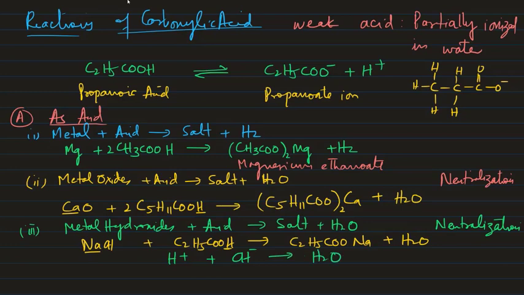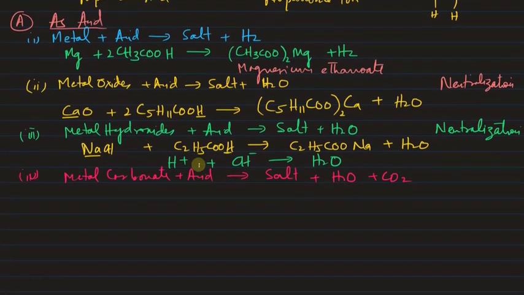And finally, the fourth reaction of carboxylic acid as acid is with metal carbonate. When metal carbonate and acid are reacted, they give you a salt plus water plus carbon dioxide. So let's write this reaction.